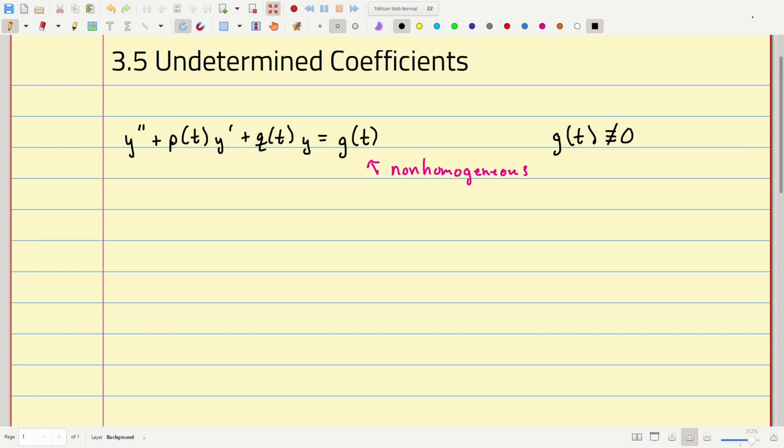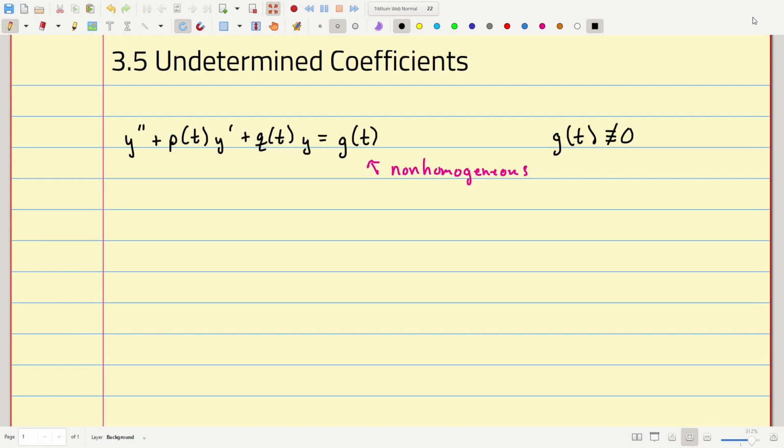Okay, so there are two general classes of non-homogeneous equations that we're going to be dealing with, and they can be more or less broken up into easy and hard. The easy ones are going to be dealt with by the method of this section, and the more difficult ones are going to be dealt with in section 3.6 when we're talking about variation of parameters.